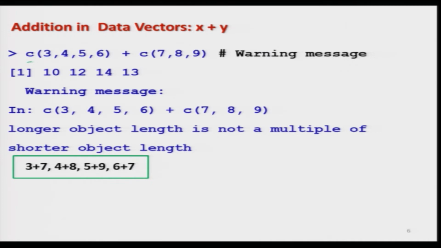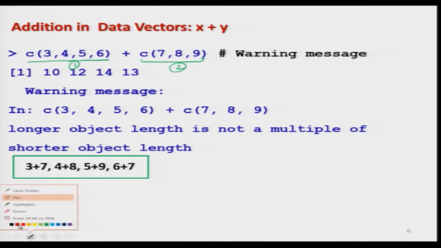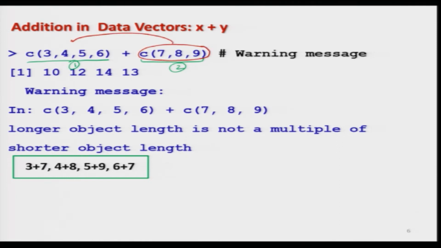Let us see this with an example. In data vector 1 you have 4 elements: 3, 4, 5, 6, and in data vector 2 you have 3 elements: 7, 8, 9. The same concept will operate: the values 7, 8, 9 will come to the first data vector and operate element-wise.